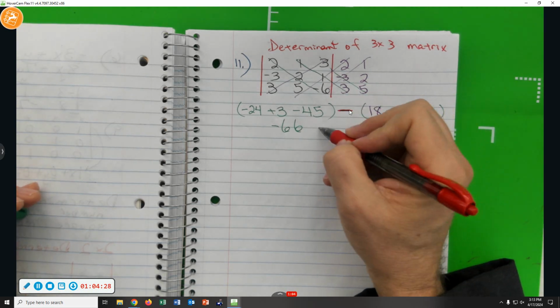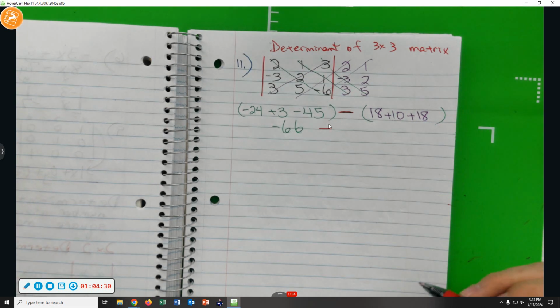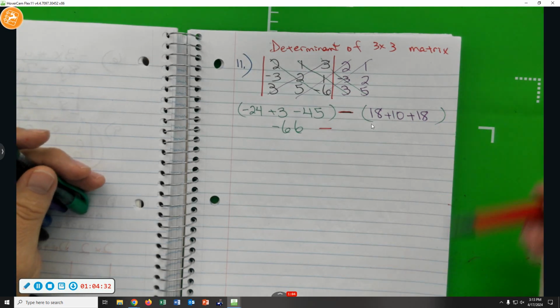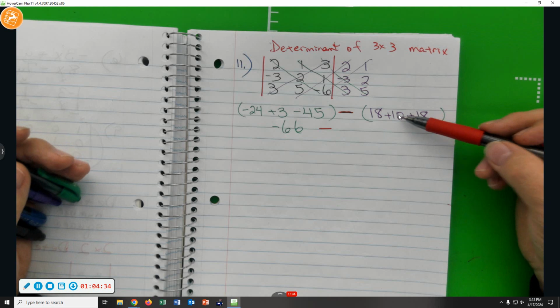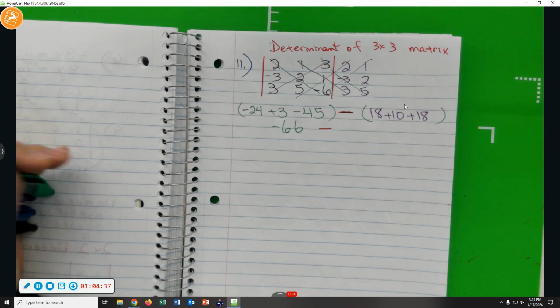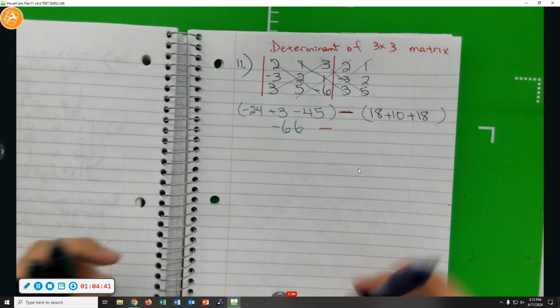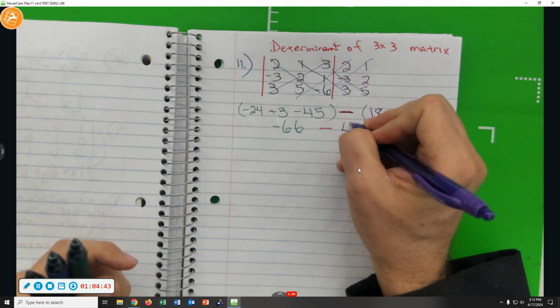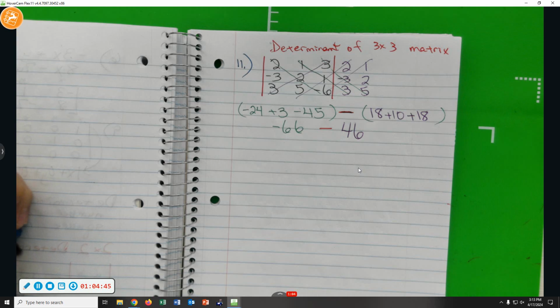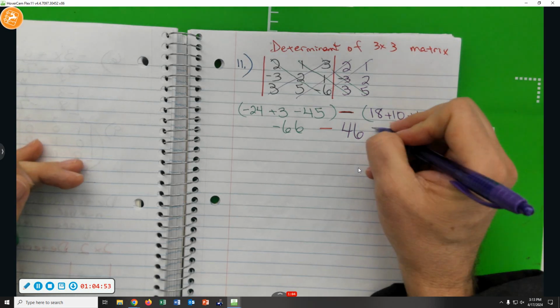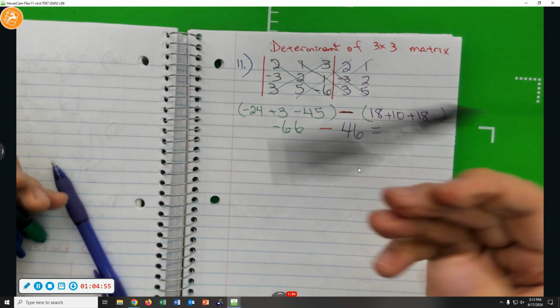You connect the cross products by minus. 18 plus 10 is 28, plus 18 is 46. Negative 54 minus 46 gives negative 100 for my final answer.